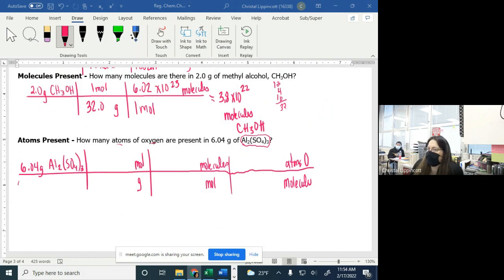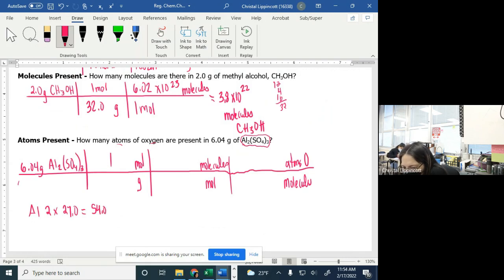Top number, yep. From the bottom, stick to 6.04. Nope, not here. This is grams. So anytime we have grams with one of these conversion factors, we've got to get that from the periodic table. So I've got to take 2 aluminum, and each aluminum is 27. I'm getting that from the periodic table.